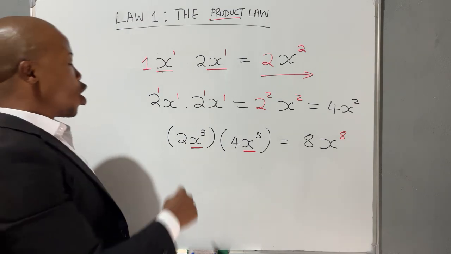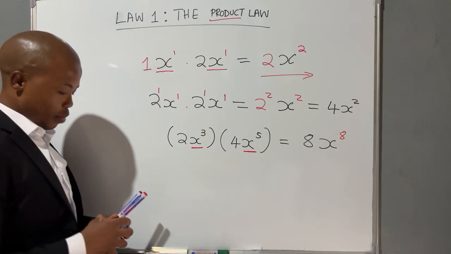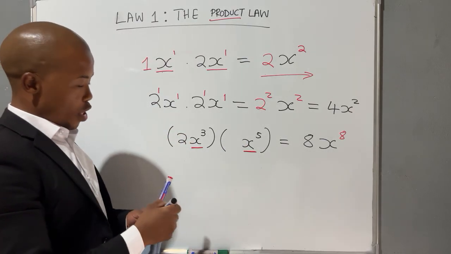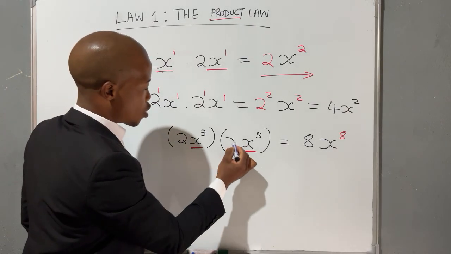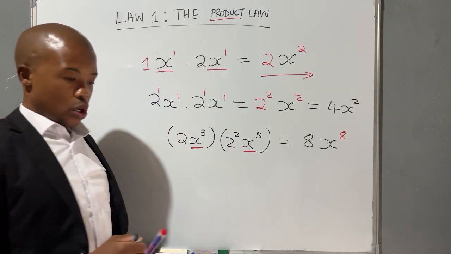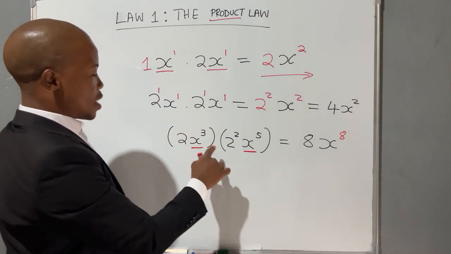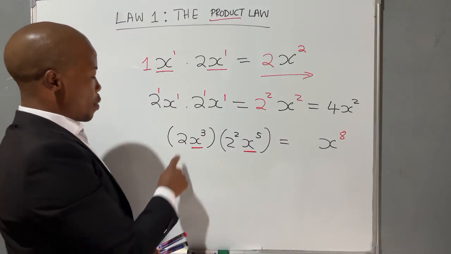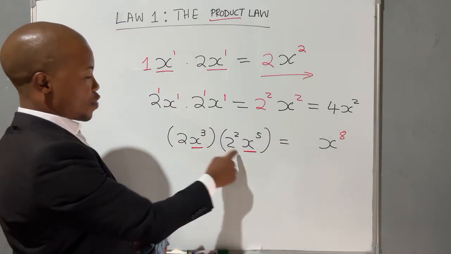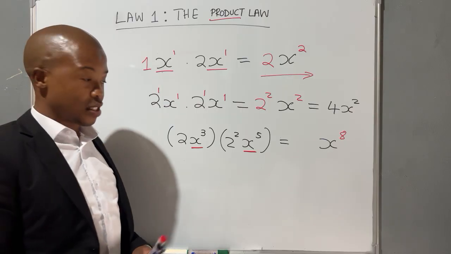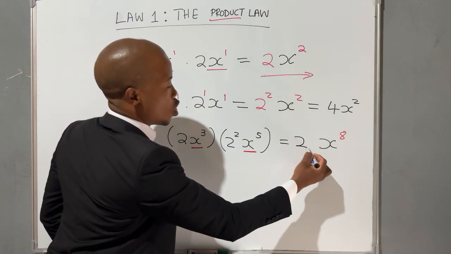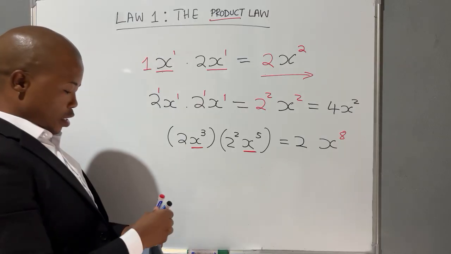Are we together? Or someone might see that actually this 4 here can be written as 2 to the exponent 2, whereby now the bases will be the same. In other words, 4 there can be written also as 2 to the exponent 2. Then in this case, since the bases of the coefficients are the same, you simply say 2 and then add the exponents.